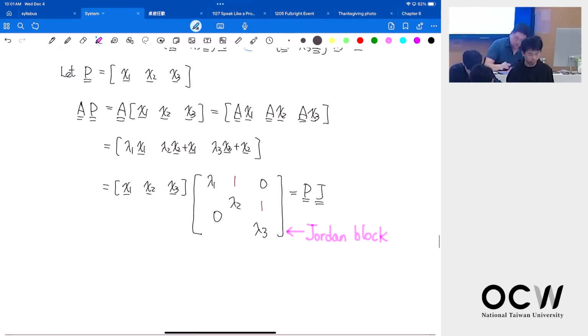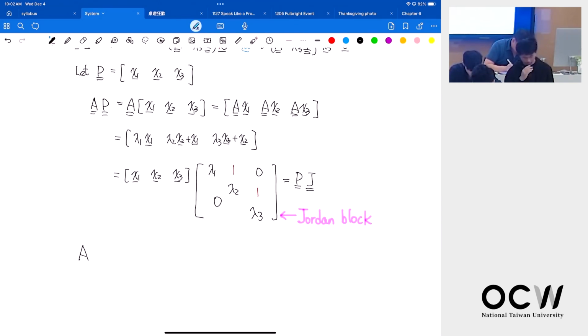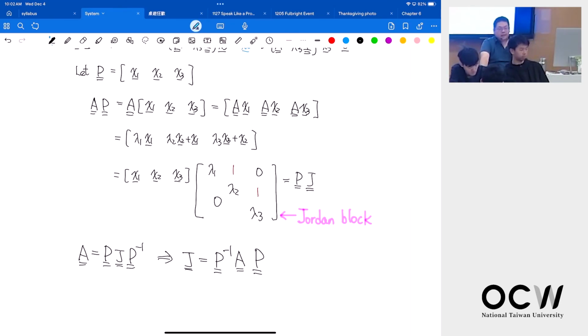Okay. And in this case, you can see A equals P J P inverse, or the Jordan block J is P inverse A P. Then next week, based on this Jordan block, we can express the exponential matrix if you do not have sufficient eigenvectors.